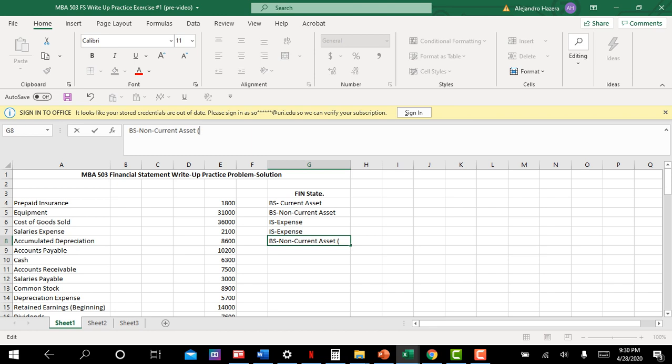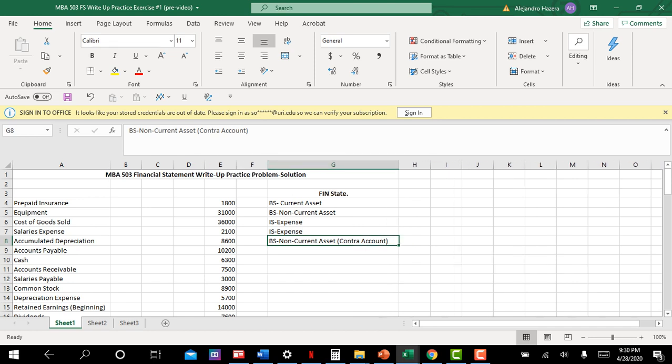But what I'm going to put here is, we call this a contra account. I want to make sure to get that right. That is correct. For those of you who speak Spanish, contra means kind of like against, and that's where the word comes from.